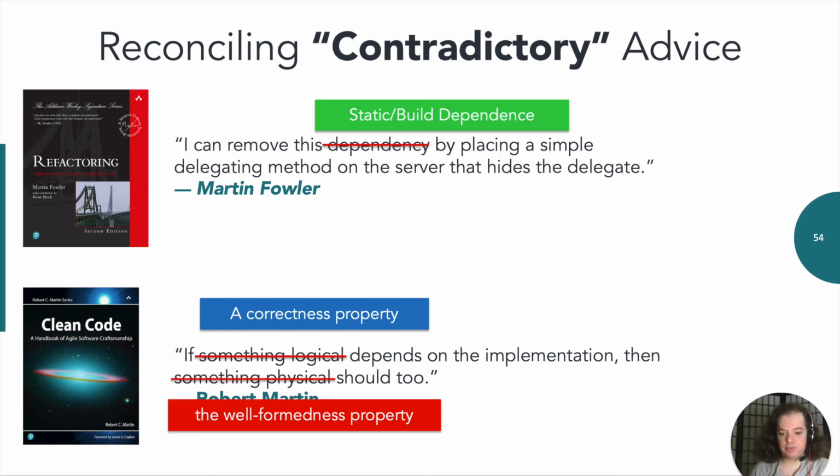You should actually have direct reference textually, make the well-formedness depend. And now we can see that these pieces of advice are actually not in contradiction. It can still be good to insert this analytics abstraction framework when the choice of analytics framework does not matter, when the correctness property is not affected by the choice. But when you are relying on a single choice, then not such a good idea.